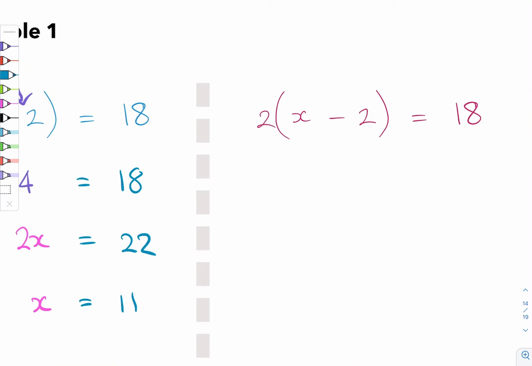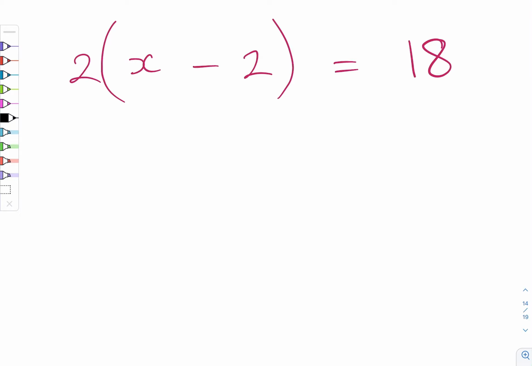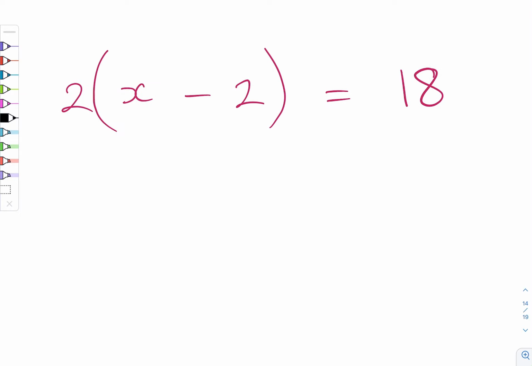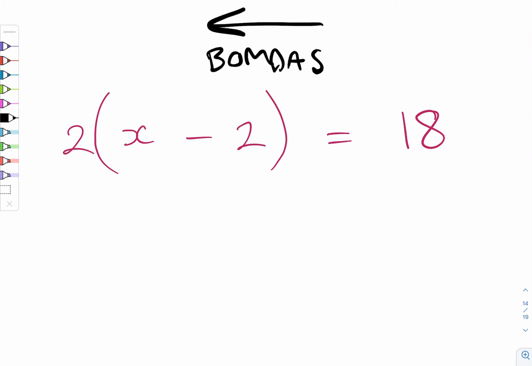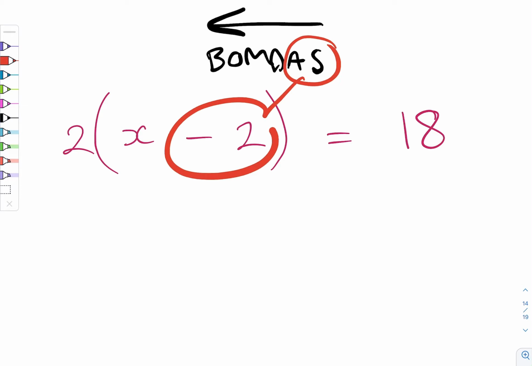There's another approach I could have taken, and I'll change to black ink here, and that's just simply to remove this 2, because if I look at reverse bomb dash, and I go backwards, you can see that multiplication division, I could actually start with that. While we're here, with reverse bomb dash, I have seen in the past students would go here in the rule and they start attacking this piece here.